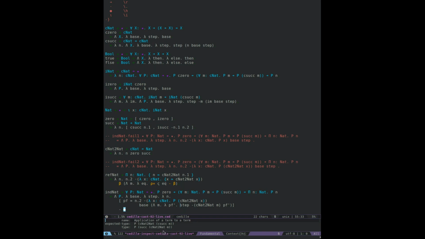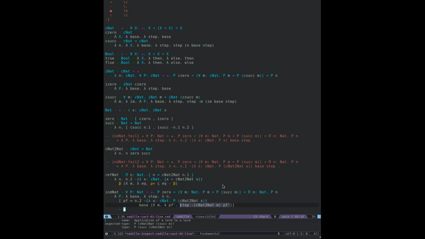You can see that the successor has bubbled outside of the call to CNAT 2NAT, indicating one step reduction of CNAT 2NAT. So this, of course, is fine. These two types are convertible.